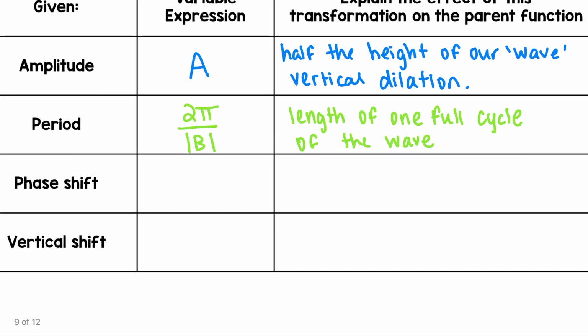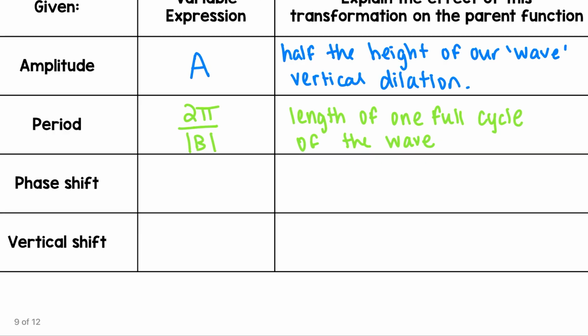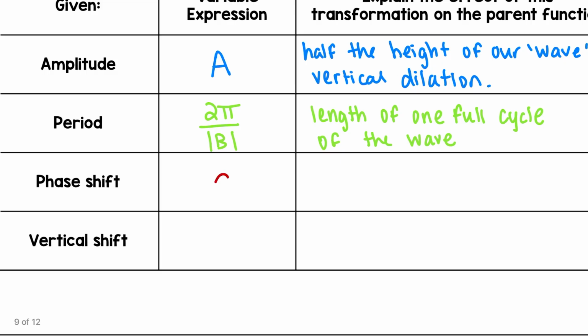Alright. And then this one also has to do with compression, right? So our horizontal dilation basically is that. Alright, and now let's talk about our phase shift, which is our C.